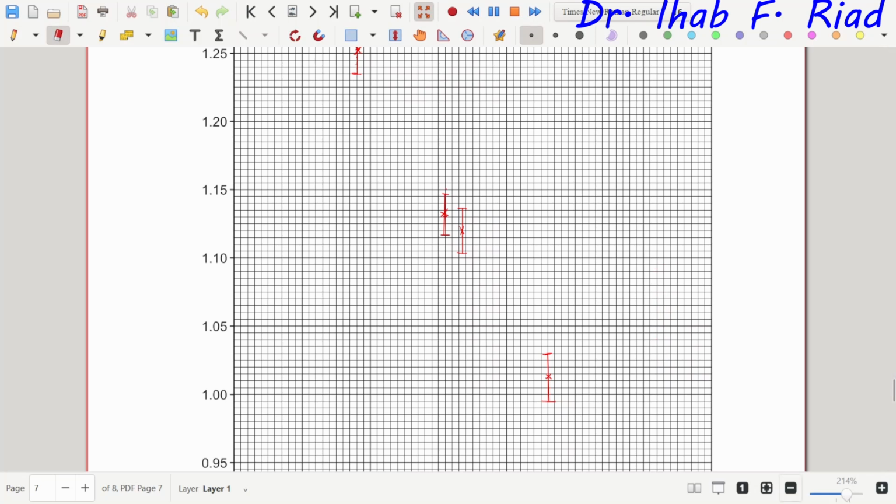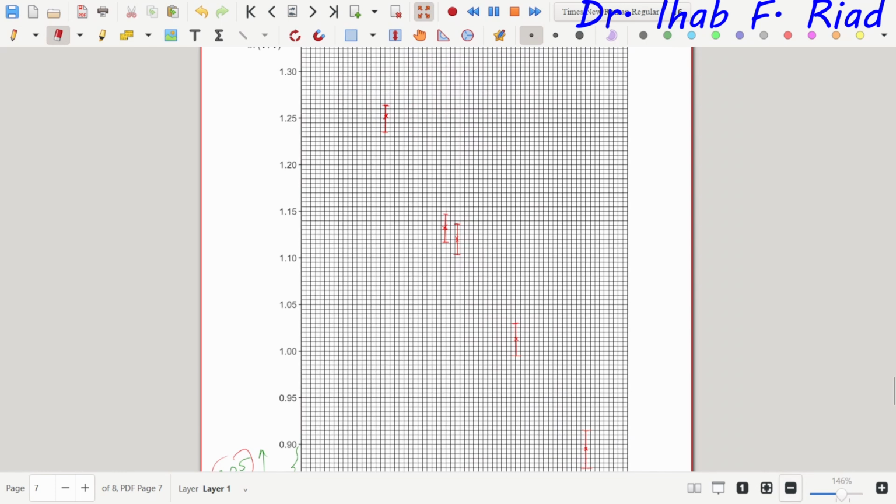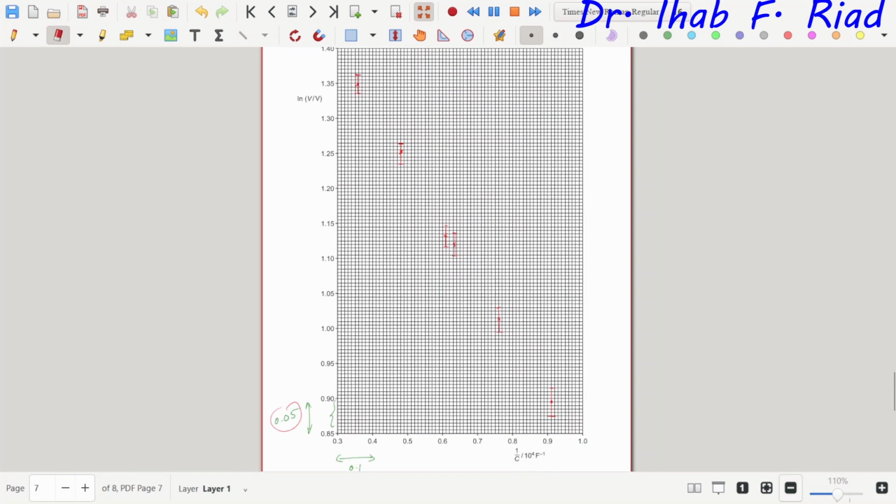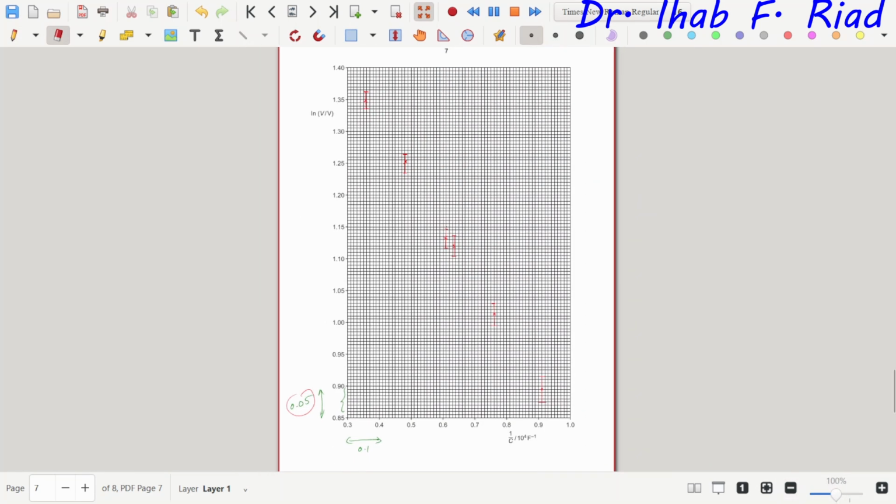The line of best fit needs to go through most of the data or the centers of the data points. So this is how I drew it.